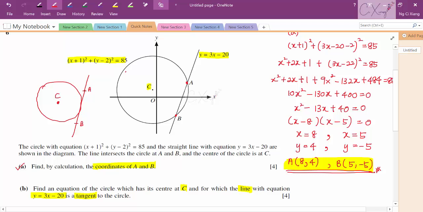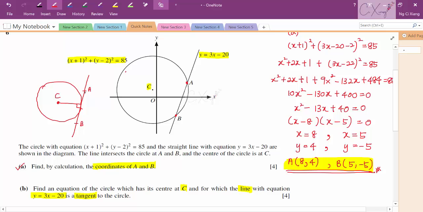When the line is a tangent of the circle, generally we should know that they are 90 degrees to each other. So the line from the center to the point that touches the circle will be perpendicular to the line AB.